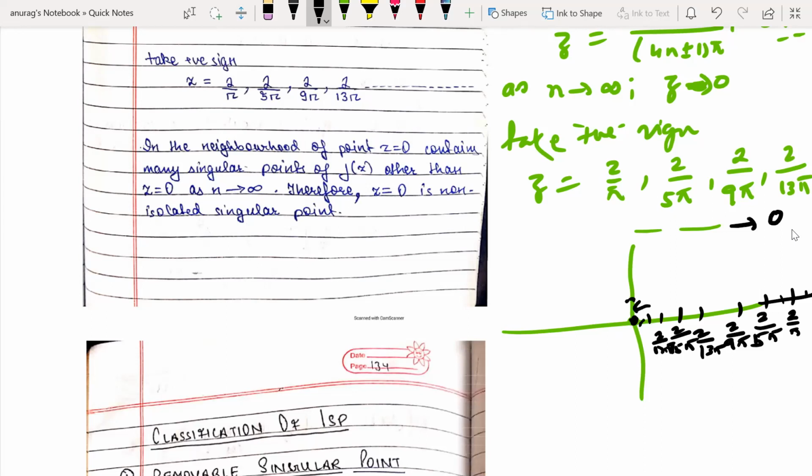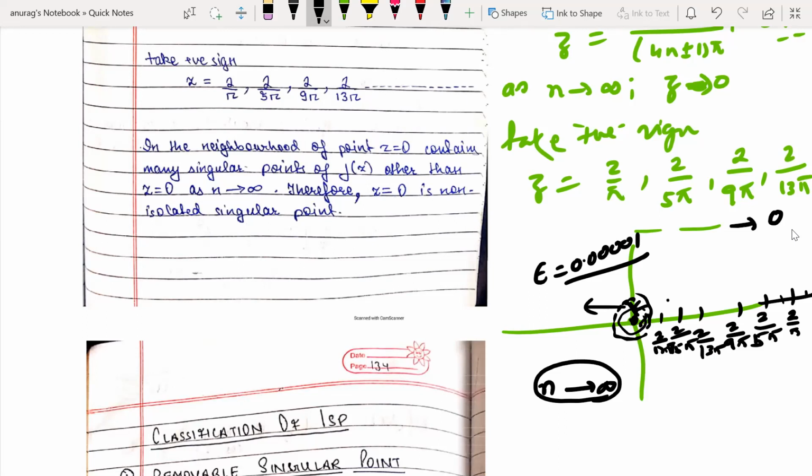So if you take a small neighborhood and any radius, suppose you take radius 0.00001, and n tends to infinity, you will get infinitely many points lying inside it, because the sequence is converging to 0 as n tends to infinity. So the neighborhood of z equal to 0 contains many points of f(z) other than z equal to 0.